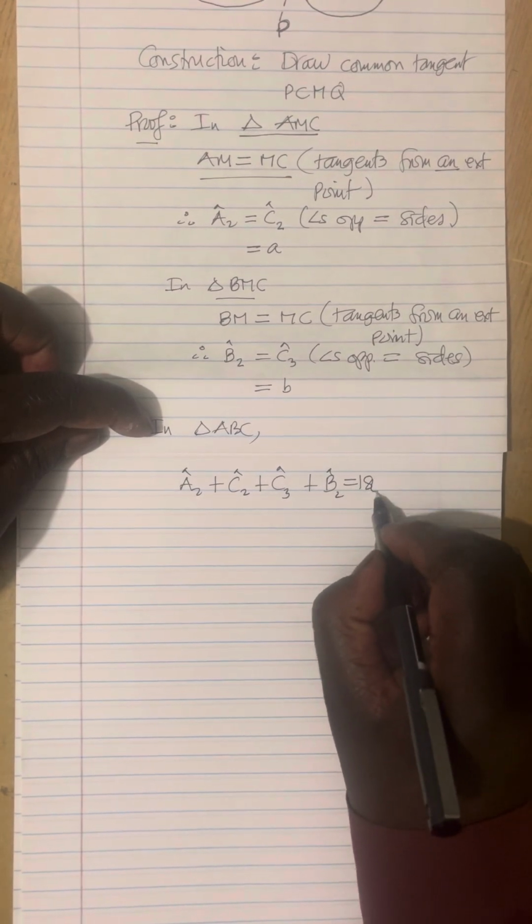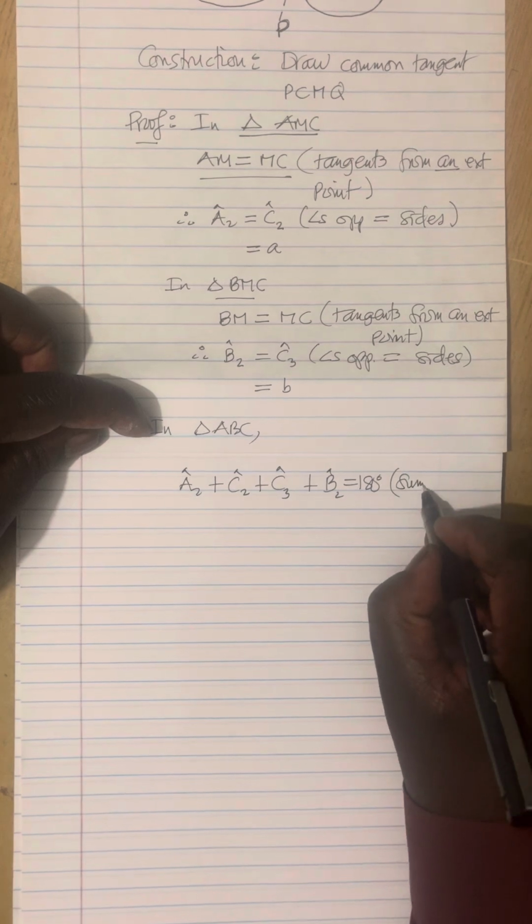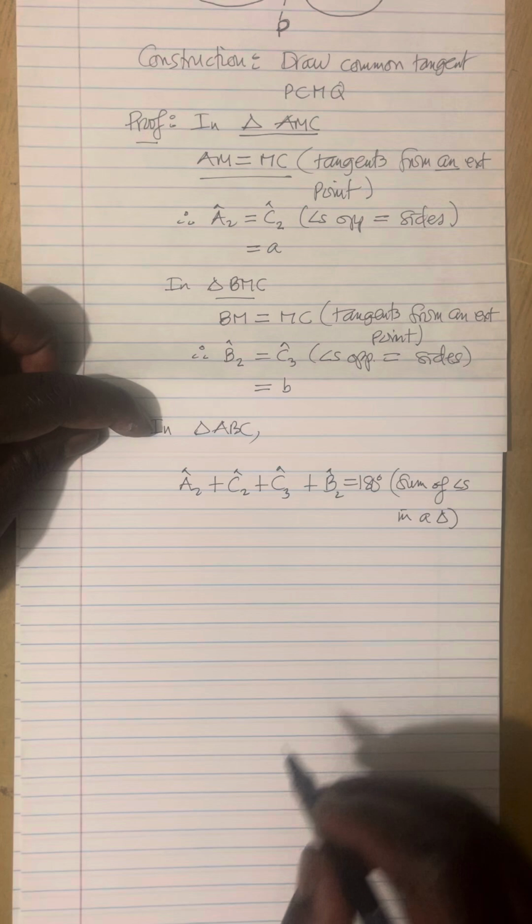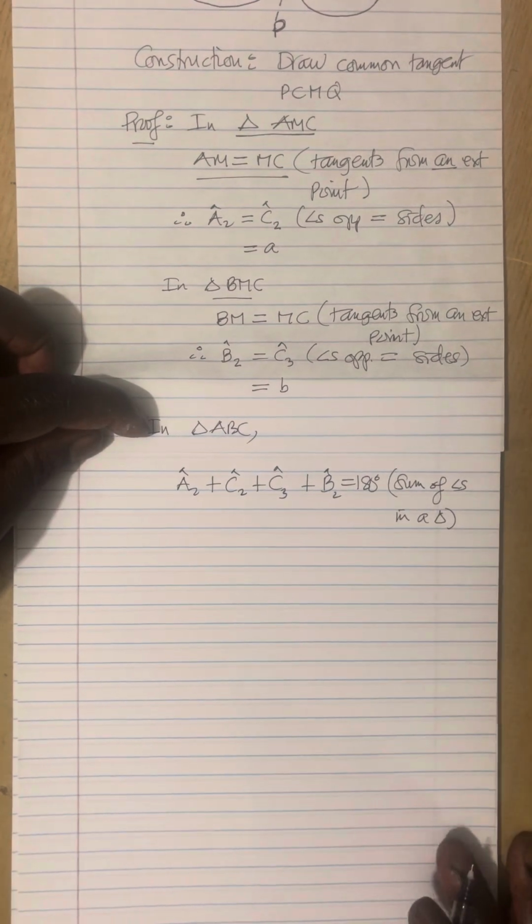This must be equal to 180, and we're saying sum of angles in a triangle.